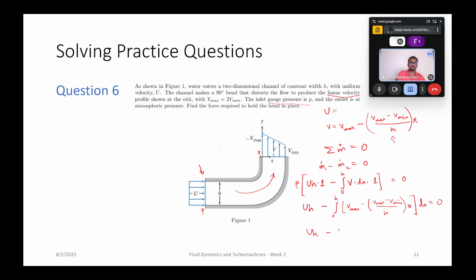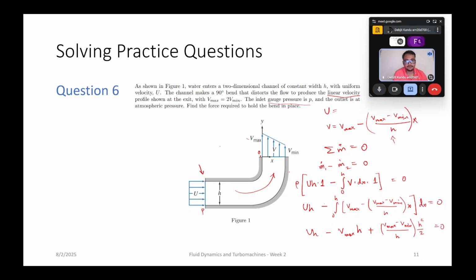Now let's do the integration. So it's V max integrated would give me X, and H to 0 would give me H. Then this negative and this negative would cancel out each other and give me plus. So I'll have (V max minus V min) divided by h into x squared by 2, and plugging in the values, I'll get h squared by 2 equals 0.